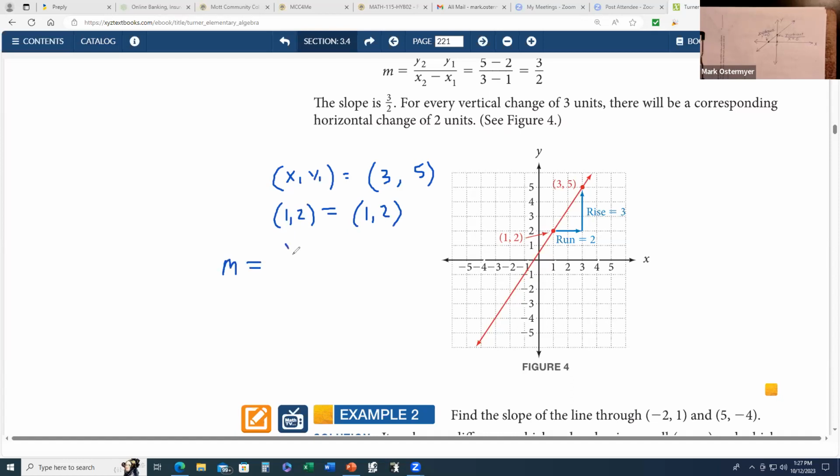So slope of a line is equal to y2 minus y1 over x2 minus x1. So therefore, in for y2, based on how I label these points, I'll put 2 in. That's my y coordinate of my point. Wait a minute here. Hold on a second.